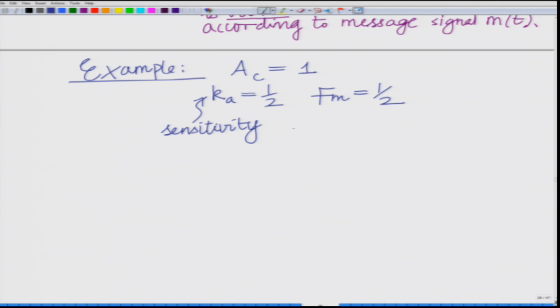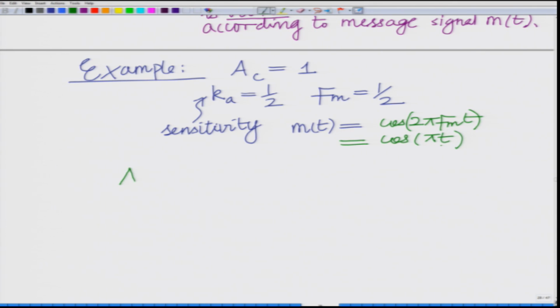Let us choose the message to be a pure sinusoid, m(t) equals cosine 2 pi f_m t, with f_m equal to half. So this is simply cosine of pi t, and this is your message signal.